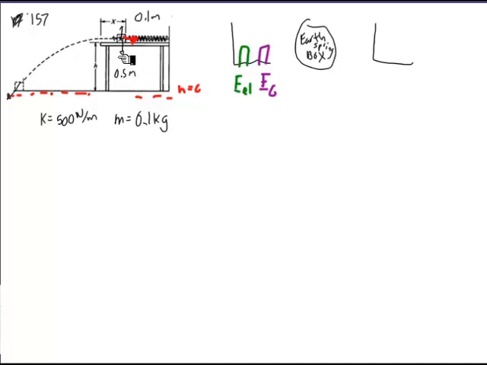So we don't care about the gravitational force because it's internal inside of the system. We don't care about the spring force because it's internal, it's inside of the system. And we don't care about the normal force because it's perpendicular to the direction of motion. But as the box moves to the left, the friction acts to the right, and that's going to remove energy from the system. That's a working process that removes energy.